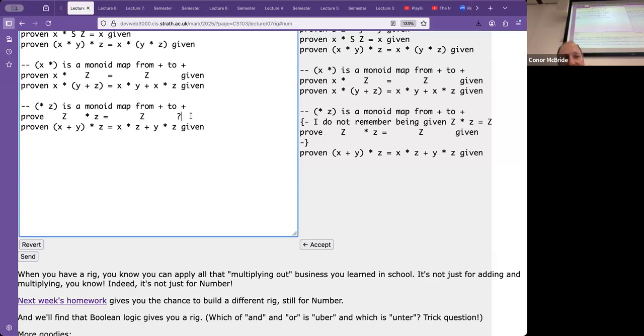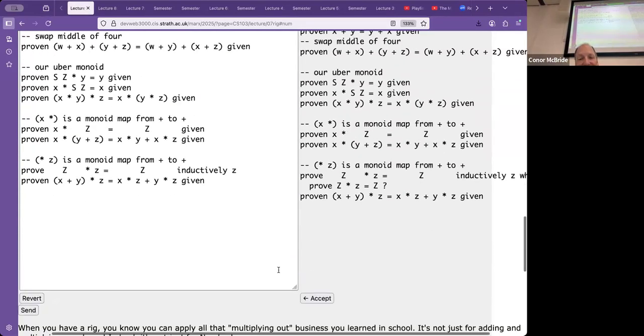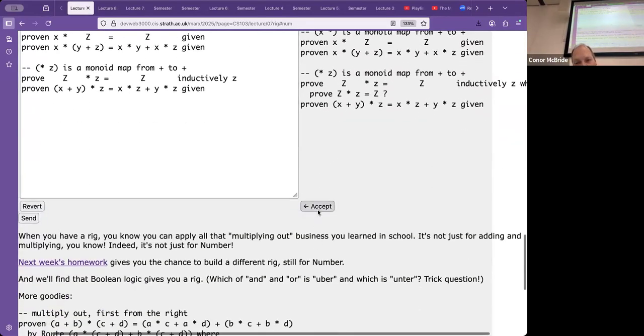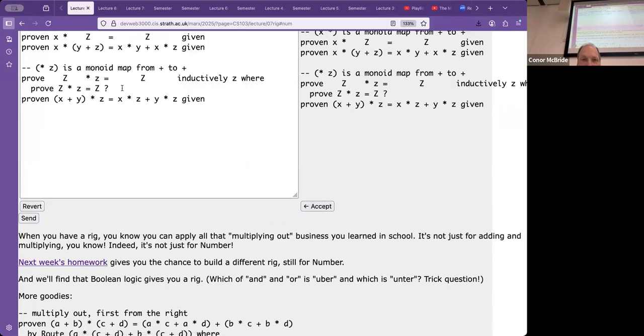I'm guessing the Z. Inductively Z. Yeah. Let's send this off. I don't have tap click. You have to actually push it. I don't have tap click because it has unintended consequences.